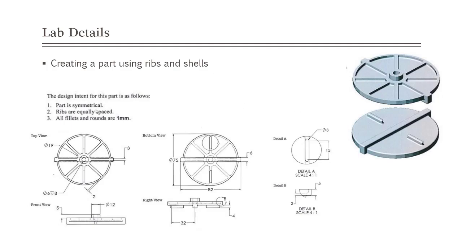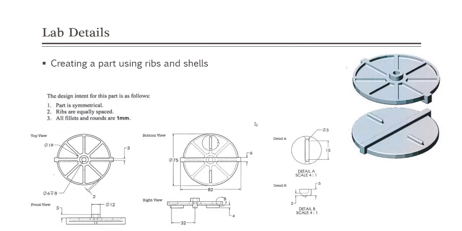Here you can see different views of this disk, which are the top view, front view, bottom view, and right view, and then there are some detailed views in which we can see the details of a few features like the thickness of this disk and the width of the disk, and here we can see the thickness of this rib that is attached at the bottom.